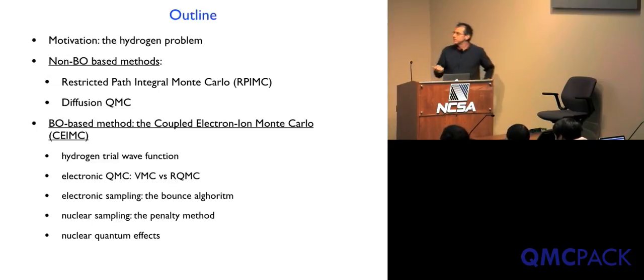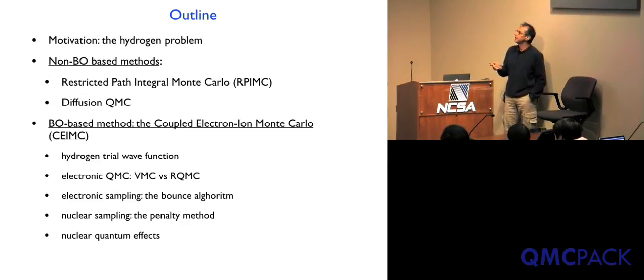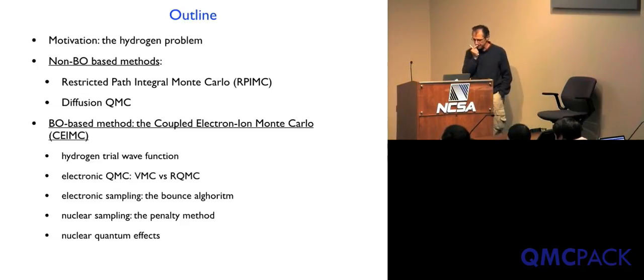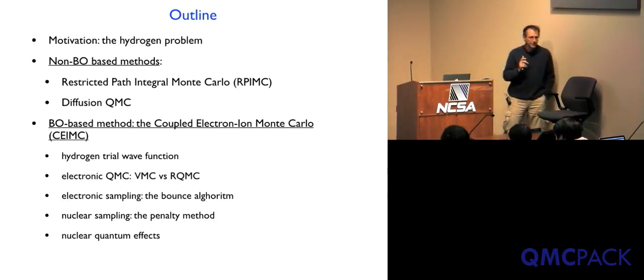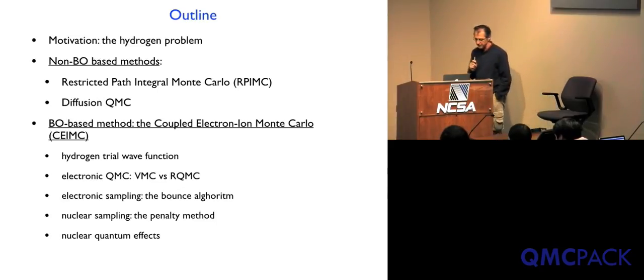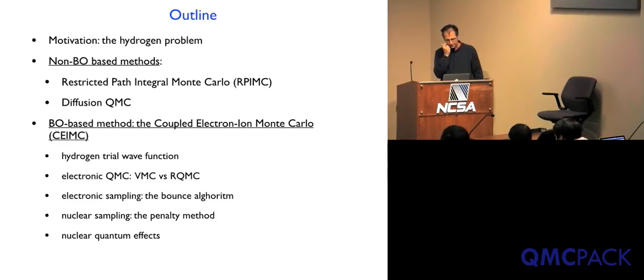Okay, so this is my outline. In any event, I want to give you some motivation for why we developed this method. The motivation is to study hydrogen. In fact, so far, this method has been applied only to hydrogen, and this is one of the reasons why we need some method development, some code development.